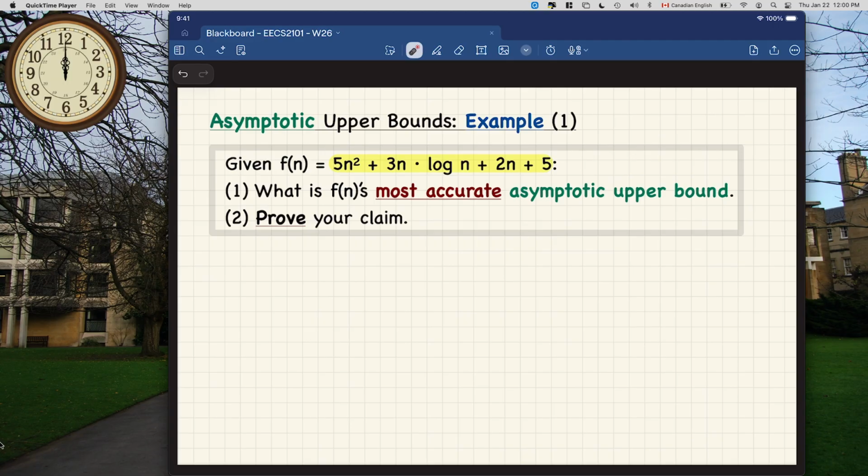All right? Okay, this one here. Question number 1. What's the most accurate asymptotic upper bound? Basically, look at the highest power, right? That's something we kind of did last time. What highest power? n log n squared, n squared, agree?